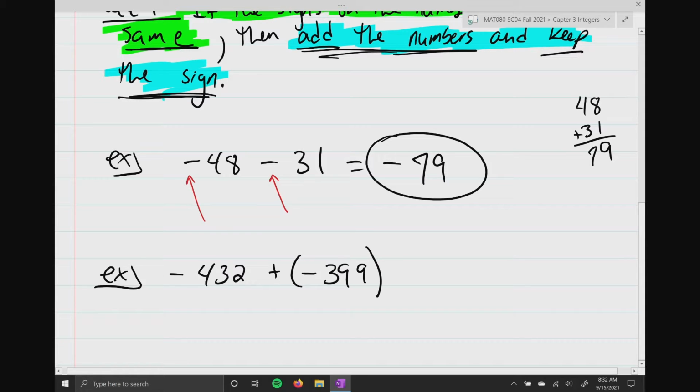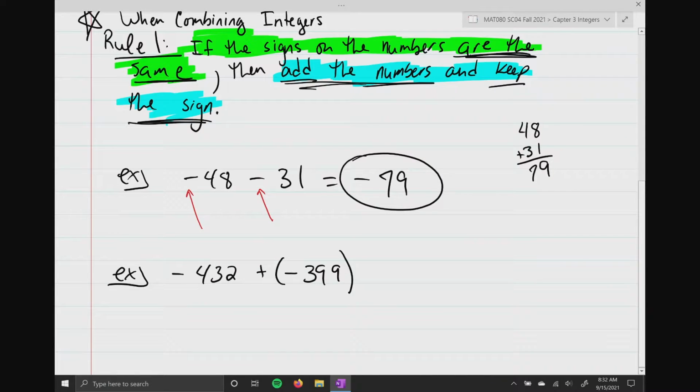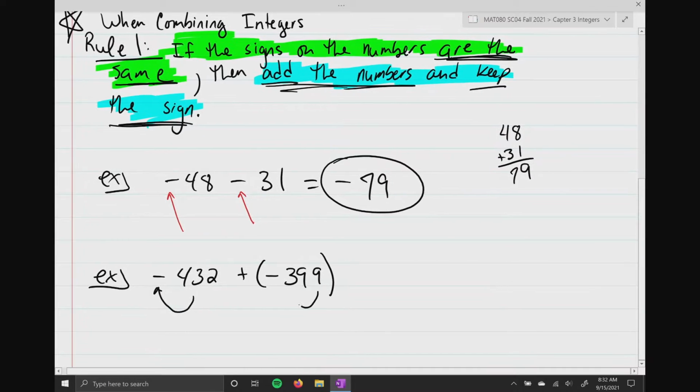Negative 432 plus negative 399. Now, the way we approach this, we look at the sign in front of the number. The 432 is negative. The 399 is negative. So let me ask you the question, and I want you to look at the top of this screen.